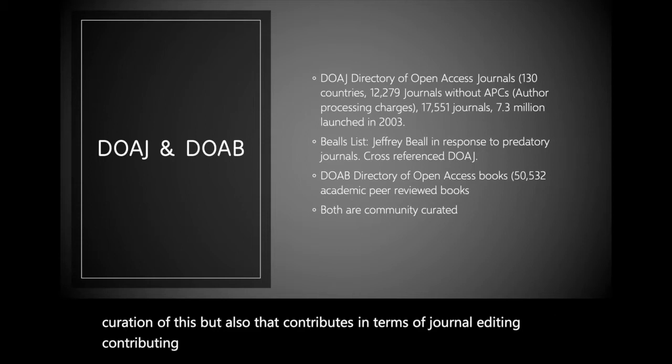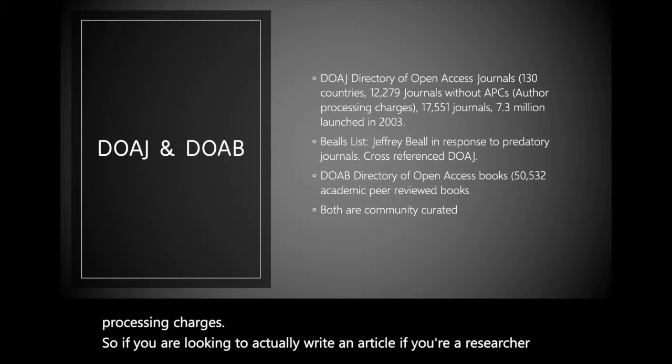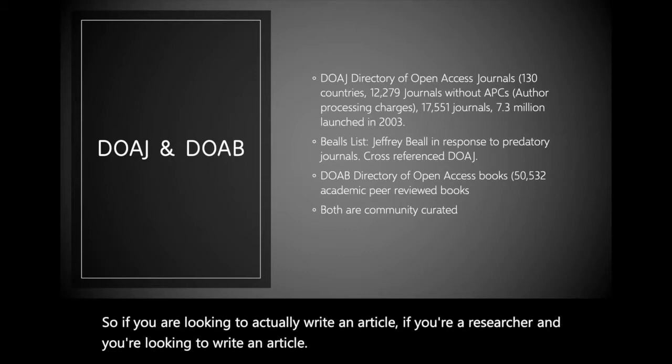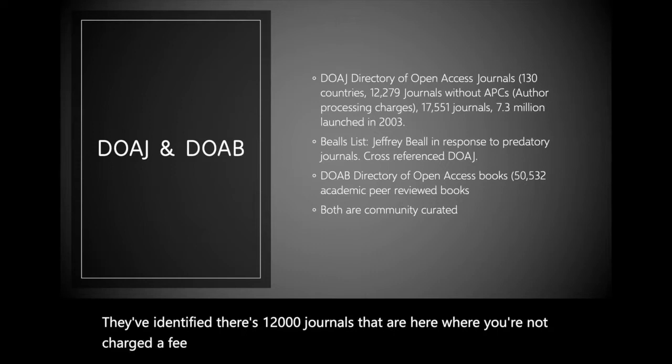There are over 12,000 journals without author processing charges. So if you're a researcher looking to write an article, they've identified 12,000 journals here where you're not charged a fee. Typically for open access journals, you are charged a processing fee if you're trying to publish.